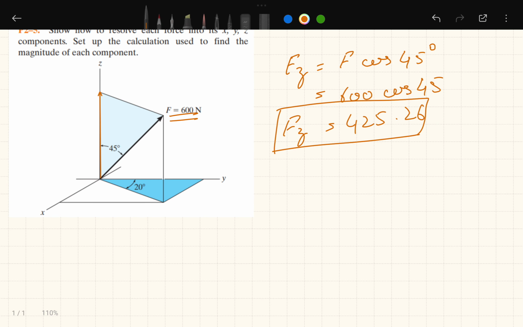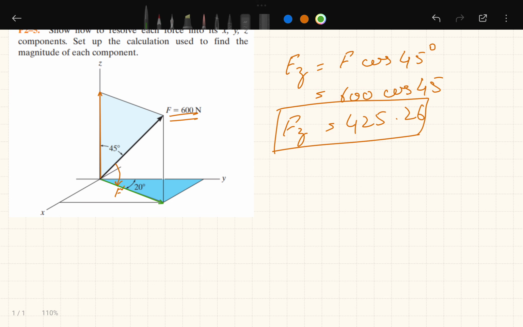To know the x and y, we do not have the angle directly given with the x and y. If it was given, then we could simply use the cos of that. But in this case, we do not know the angles directly with x and y. So what we will do is calculate this angle and find out this F prime component. Let's call this F prime, which is the component from the origin to this point.